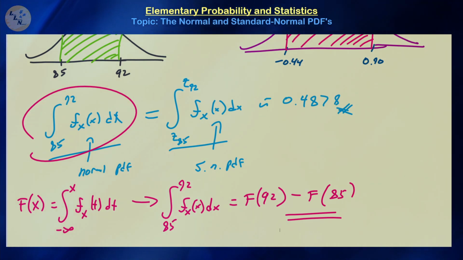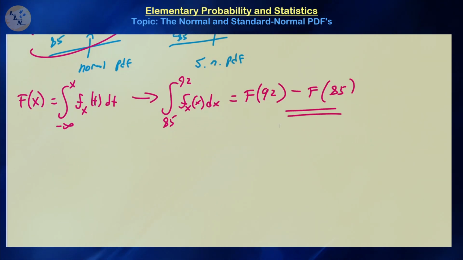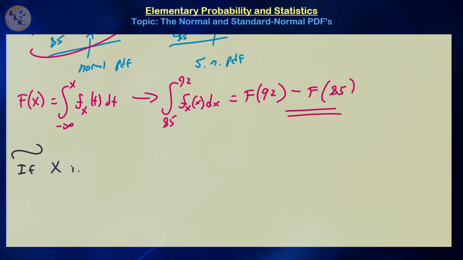So let's just do one more little problem on the standard normal, just to sort of see how we would go about solving it. So if x is a normally distributed, what is that letter I've written?